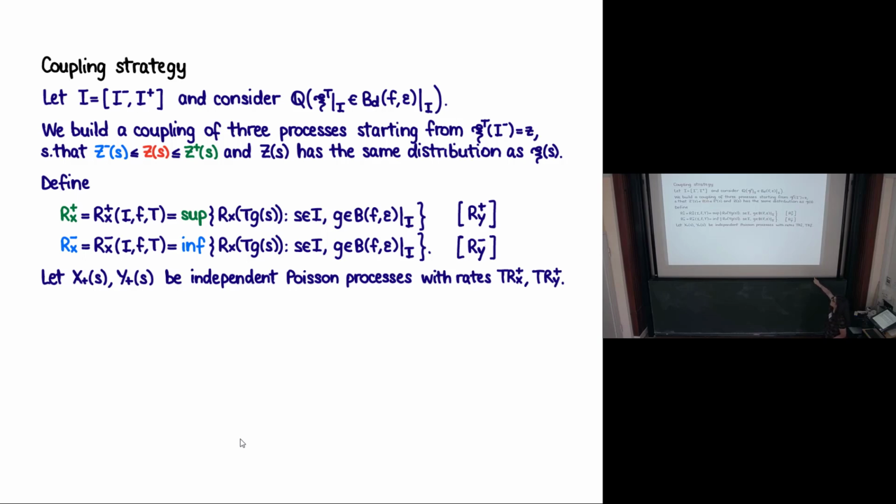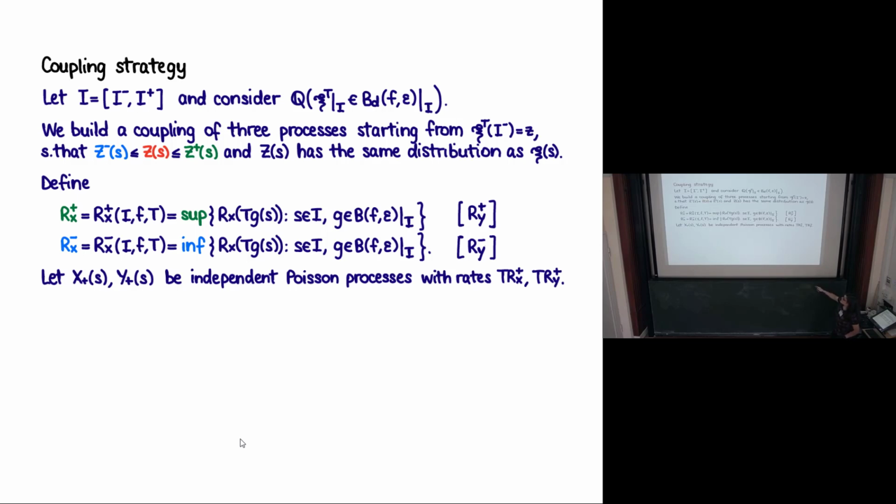So where is the spine going to be? In this ball. And so the rate will be evaluated along the spine. So the biggest this rate can be is the supremum over all times and all functions in the ball, restricted to that interval. So that's the biggest, this is the smallest, and I'm going to do the same for two processes, y plus and y minus.